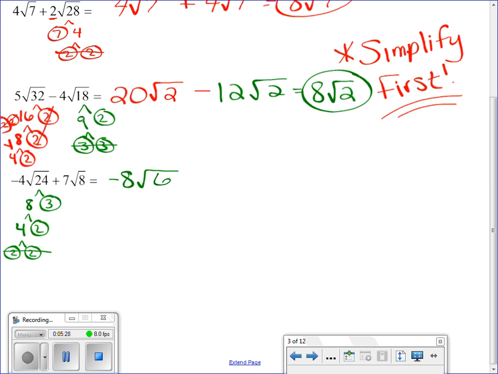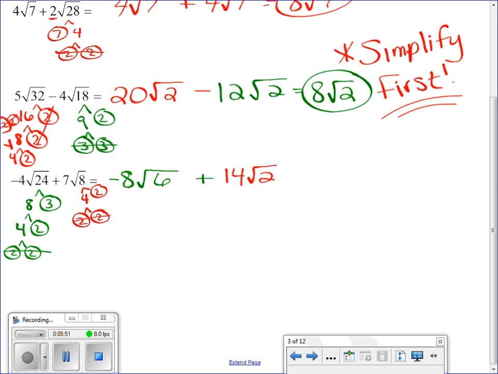Good. 3 and 2. Simplify the second one. 4 and 2. 2 and 2. So we have a pair of 2's times the 7 out in front. 14 radical 2.